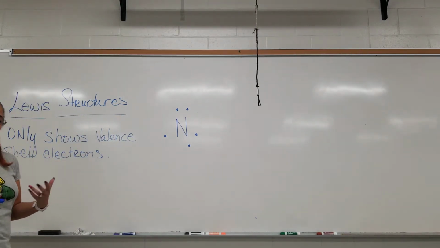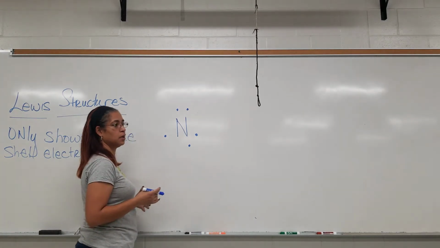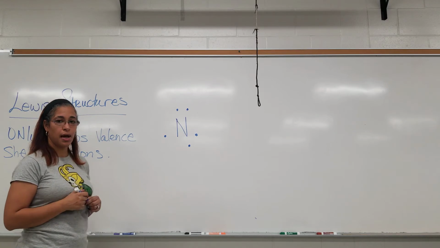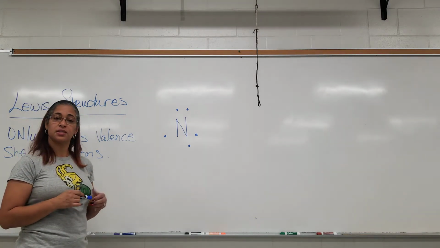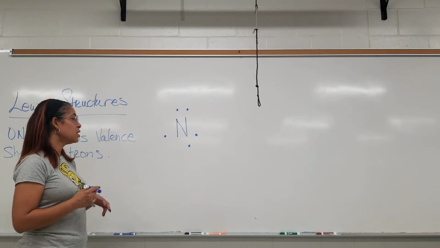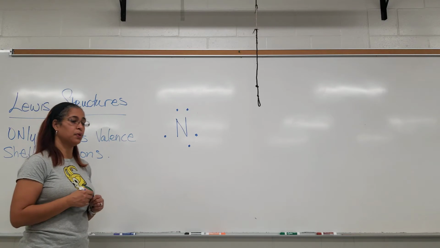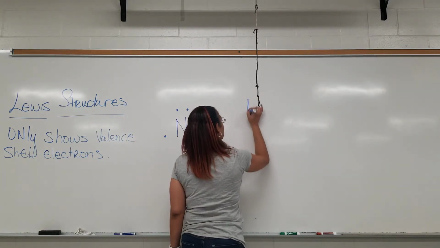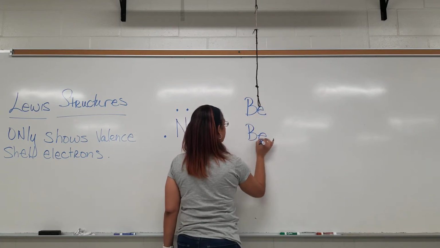When we create the Lewis structure, I know many people wonder how to place the dots around the atomic symbol. It is done many ways. I was looking at one for beryllium, and I have seen it done many different ways.